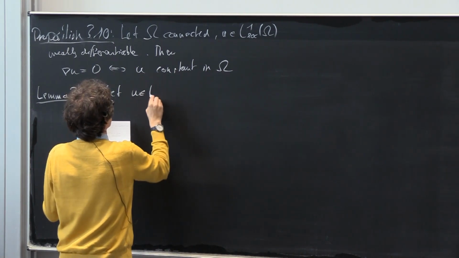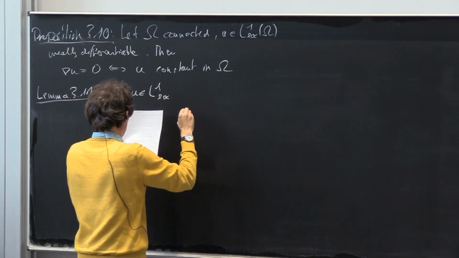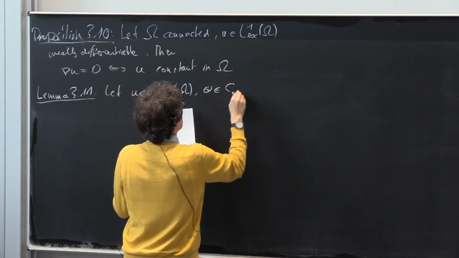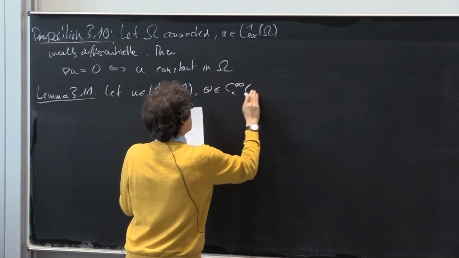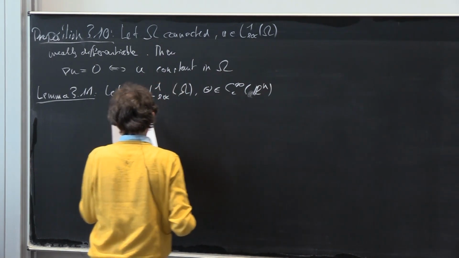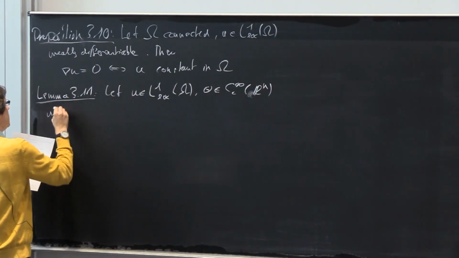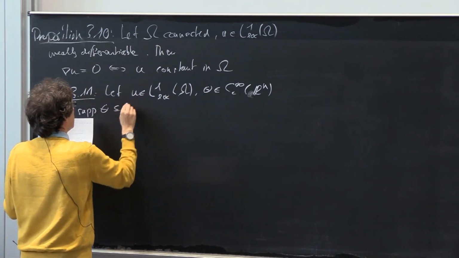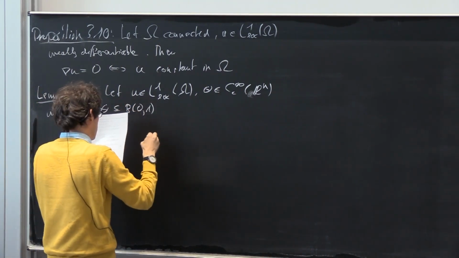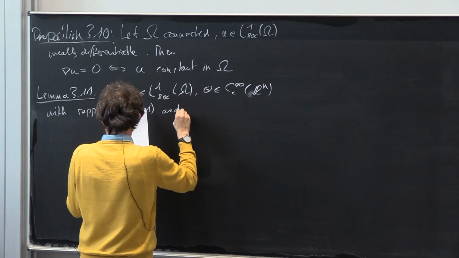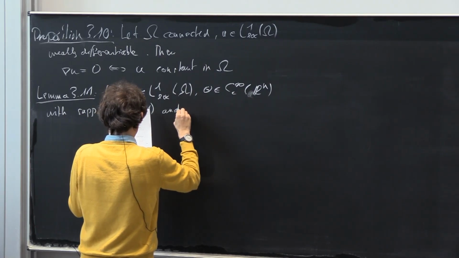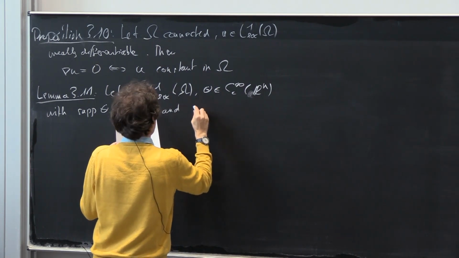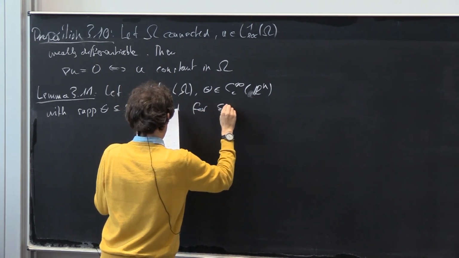So the lemma that we need is, if you have a locally integrable function u and a test function theta on all of R^n, again with the support of theta in the unit ball, you then take again the truncated domains.